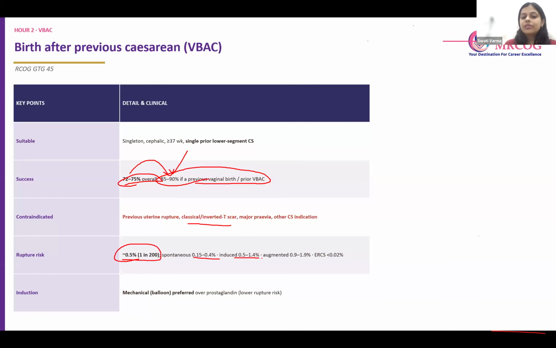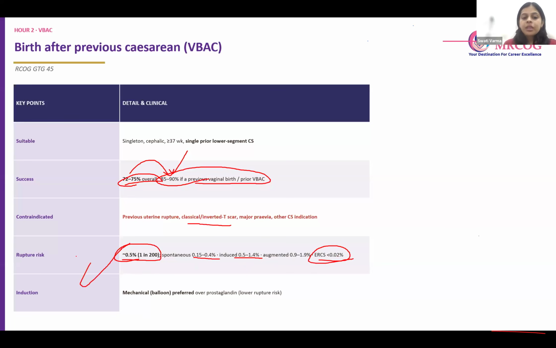In induced, it increases slightly. If the labor is spontaneous, the risk is this much. If the labor is induced, the risk increases. Augmented, again increases. With elective repeat cesarean section, the risk is very less, less than 0.02%. Okay. Since these percentages have been asked in previous examinations, please do have a look at them.